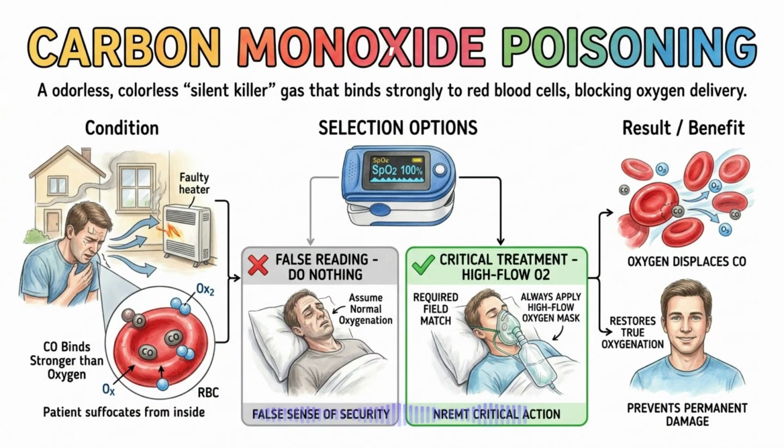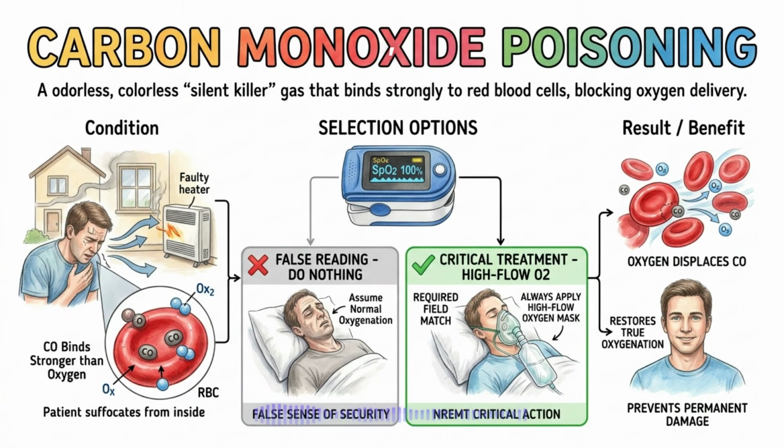Carbon monoxide poisoning is a silent killer that you must be extremely cautious of during the winter months. Carbon monoxide is a colorless, odorless gas produced by incomplete combustion from things like running cars, faulty heaters, or house fires.